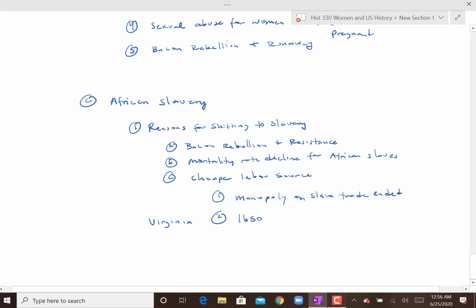But in Virginia in 1650, you had 300 slaves. In 1700, it jumped to 13,000, and in 1750s, it had risen to 150,000 people. And that's when you're going to shift to more of a slave-based society.